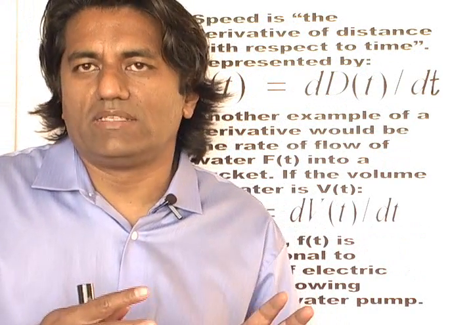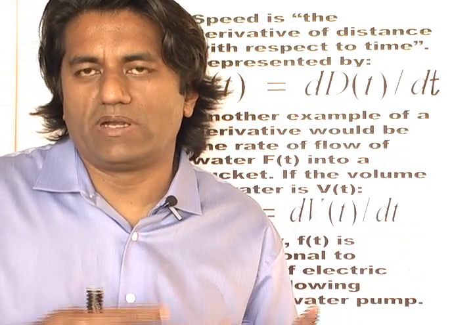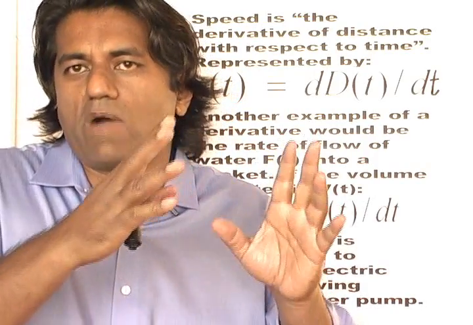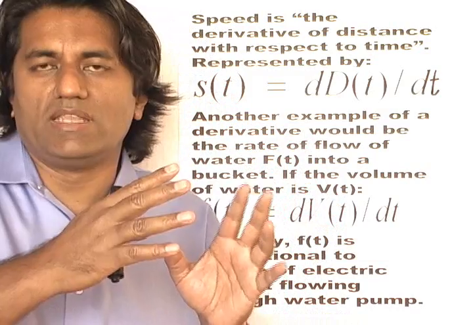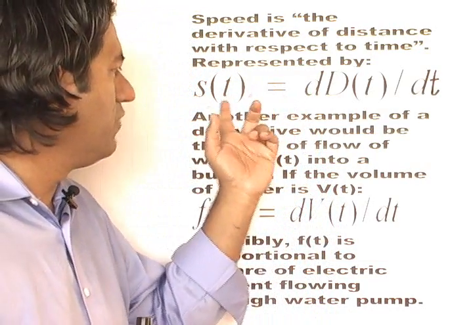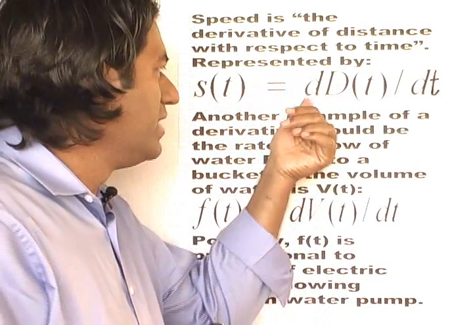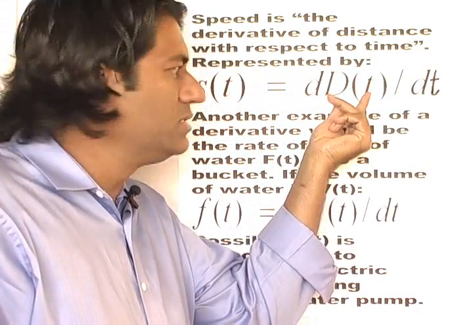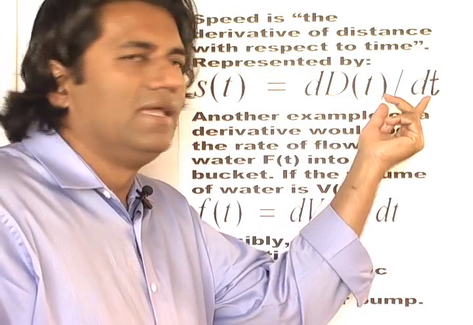So in calculus, the standard notation that we use for derivatives is of the form like dy by dx, where y is the function and x is the independent variable. For example, if you're thinking about speed, then it would be d of distance, which is the function, divided by dt.